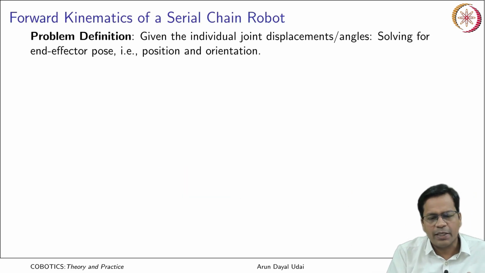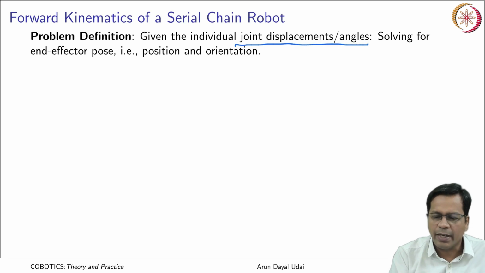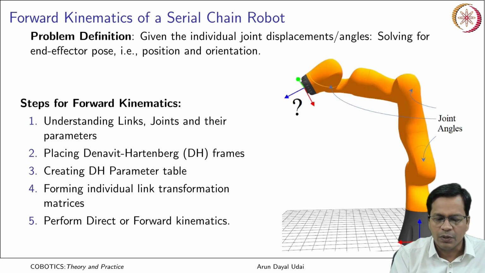So, the forward kinematics problem of a serial chain robot is defined as, given the individual joint displacements or angles, we solve for the end effector pose. The pose here I would mean position and orientation. So, let us say this is a robot, this orange color one.